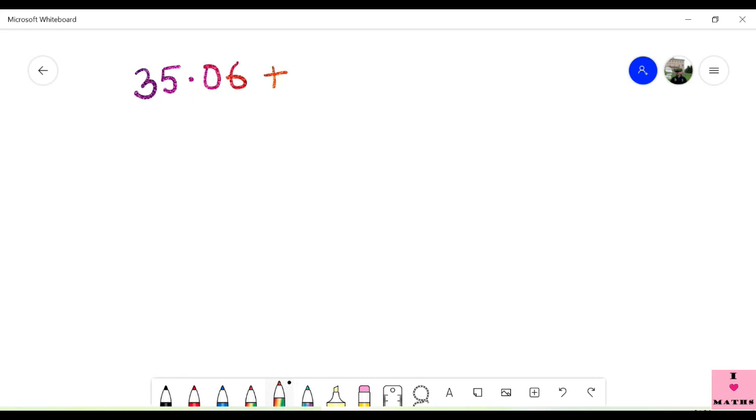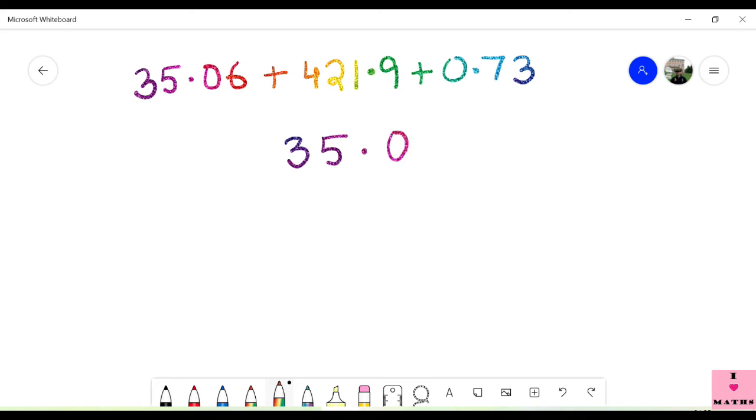35.06 plus 421.9 plus 0.73. Now children, this time I will not write the places and I will just write the numbers one under the other like this. 35.06, 421.9.